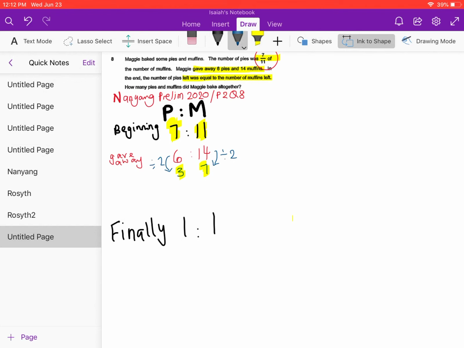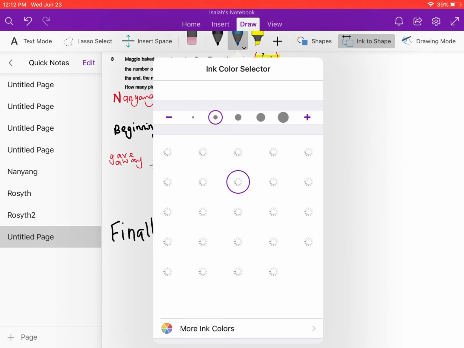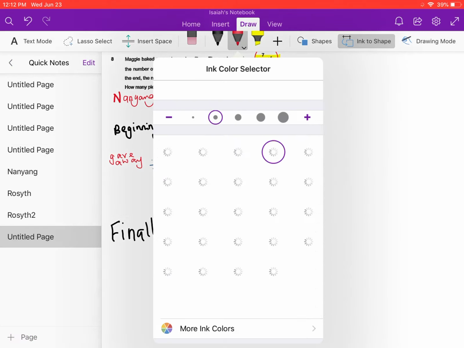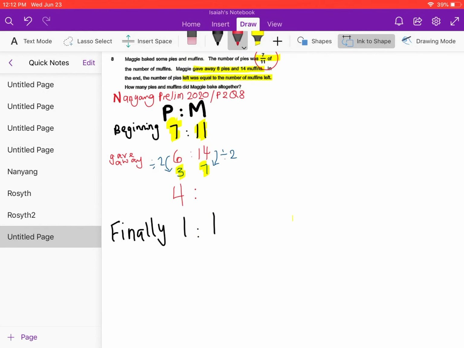If I were to give away 3 units, so I take 7 minus 3. At the end of it, 7 minus 3, I will be left with 4 pies. Similarly, if I were to take 11 minus 7, that will give me 4. So right now, at the end, I will have 4:4. If I were to simplify this ratio, it will work out to be 1:1.